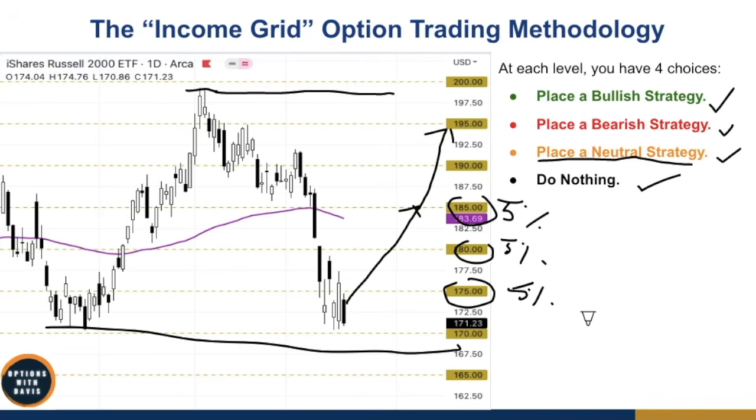So basically, when you use the income grid option trading methodology, you're going to have different trading strategies, different price levels where you enter these strategies, different strike prices for each of these strategies, and different maturity dates, different DTEs for each of these strategies, which is a very good way to diversify your options portfolio.